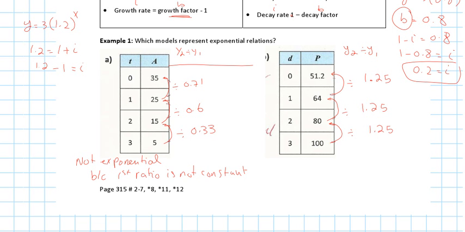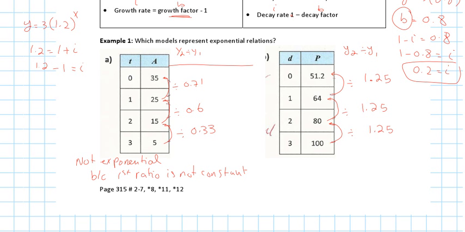Sometimes when we're finding ratios, especially with graphs where we're collecting data, you're going to see the ratio is not 100% constant. You're going to see, let's say, 1.25, 1.24, 1.2356, something close. As long as you can round to something that's similar, then that's fine.